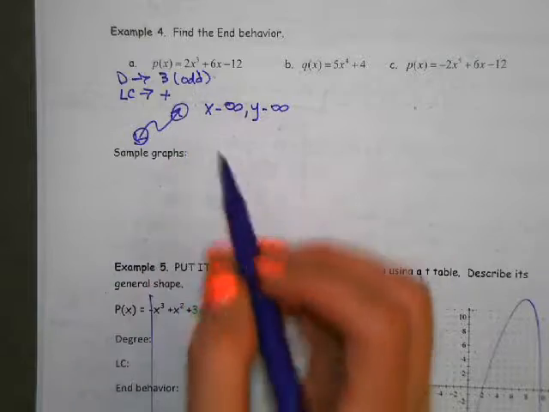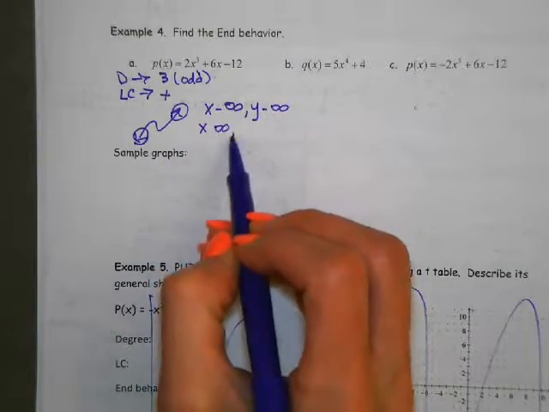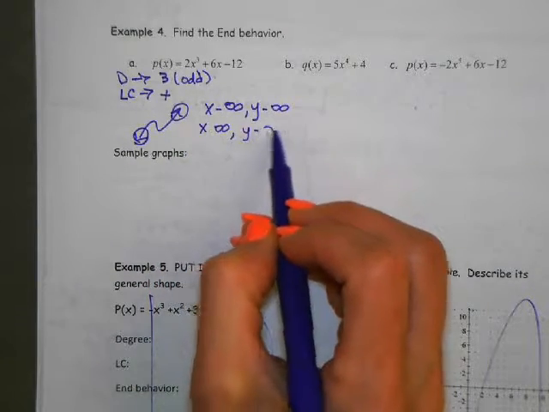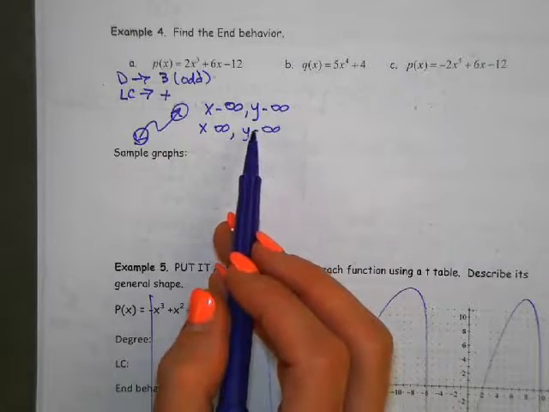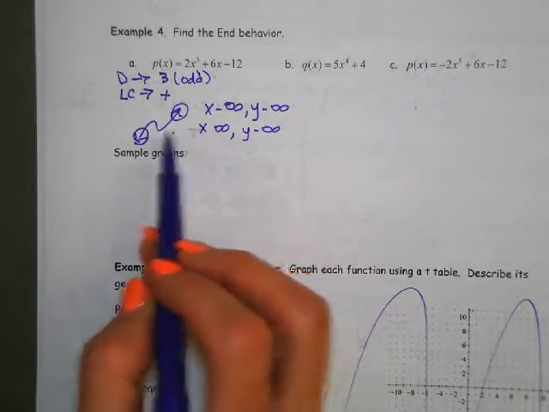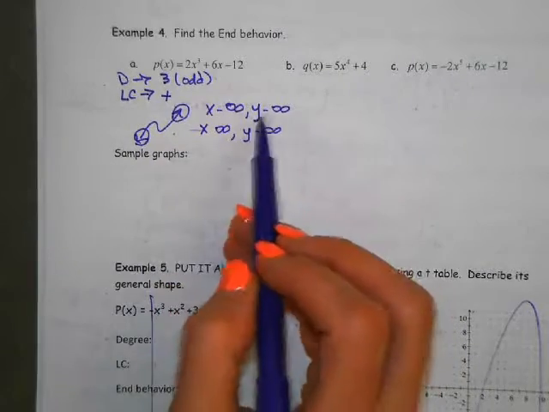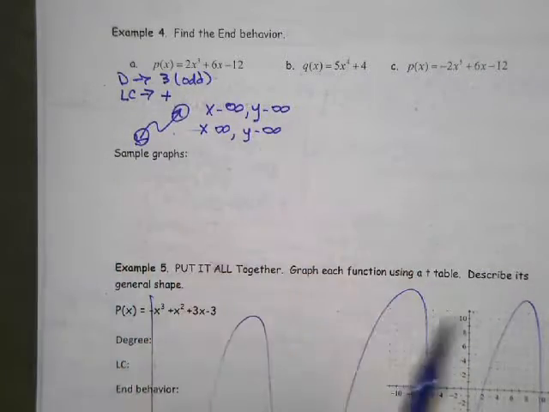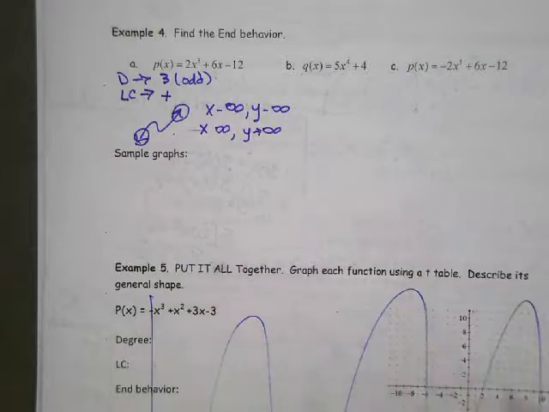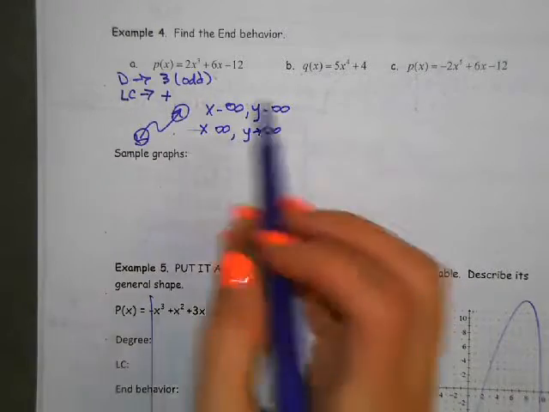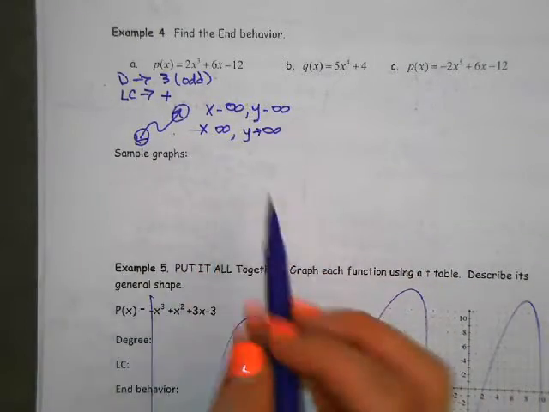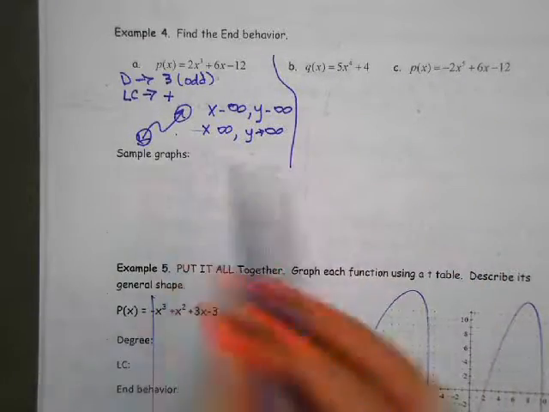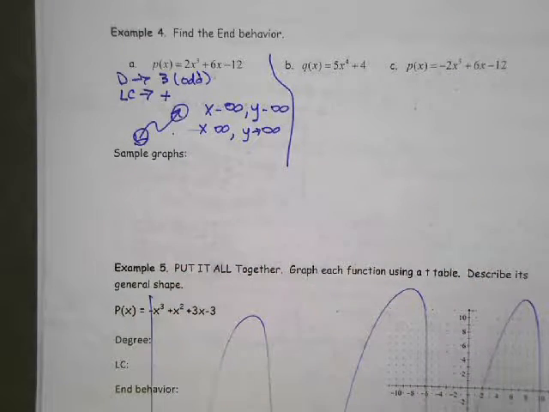As x is going to positive infinity, what is y doing? Positive. Okay? Right? So as x is going positive, y is going up. So this is going down, so it's going to be negative. This is going up, that's positive. I mean, it's seriously like that. So these are negatives, these are positives. Okay? Does that make sense?